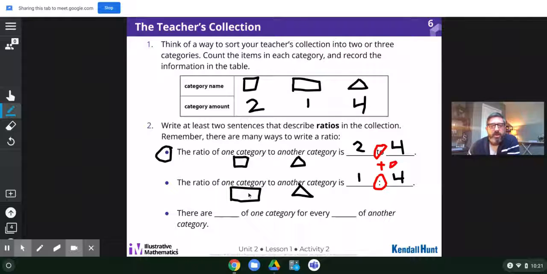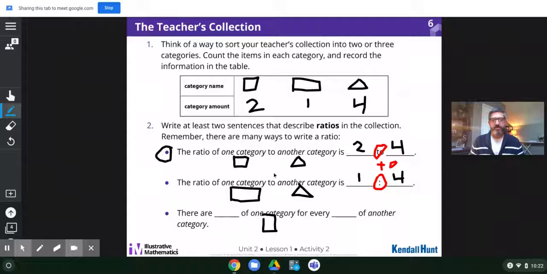So just remember, whichever category we pick first goes in the first blank, and which category we pick second goes in the second blank. So let's do this last one down here. So we'll pick squares for our first category. Now this is just another way to write this. These all mean the same thing.